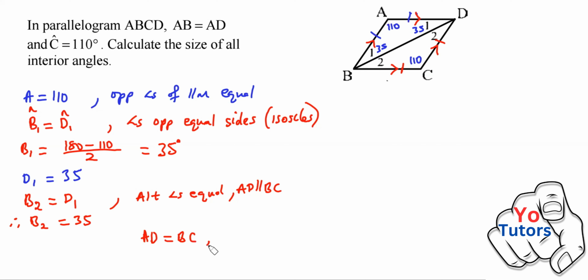Why are we saying AD is equal to BC? Opposite sides of a parallelogram are equal. So now, since these two are equal, DC is equal to AB.